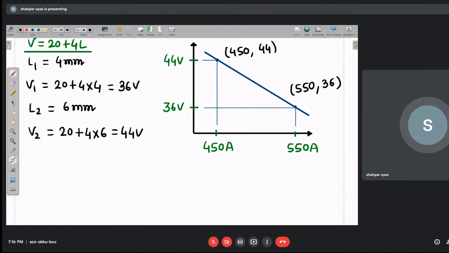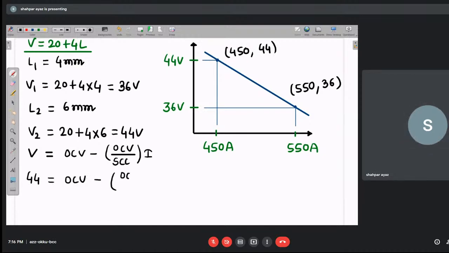We have the general formula: E is equal to OCV minus OCV by SCC into I. So here voltage is, suppose, 44, OCV minus OCV by SCC into I. I is, for it, 450.